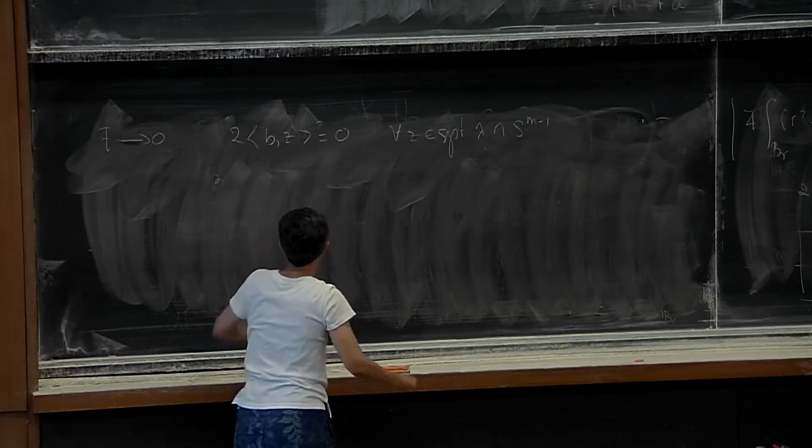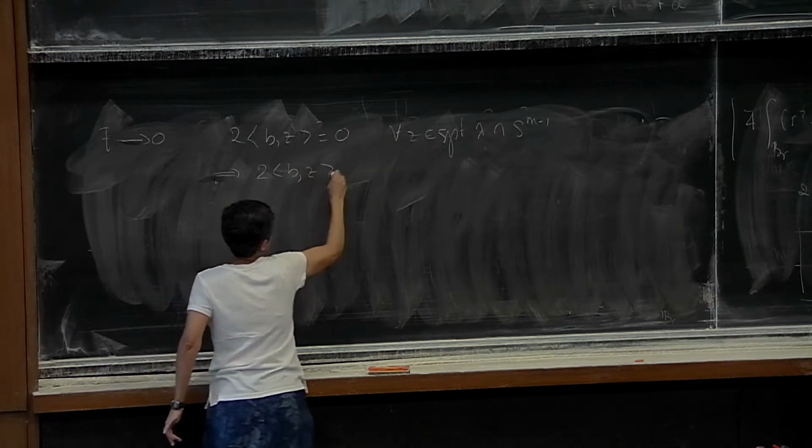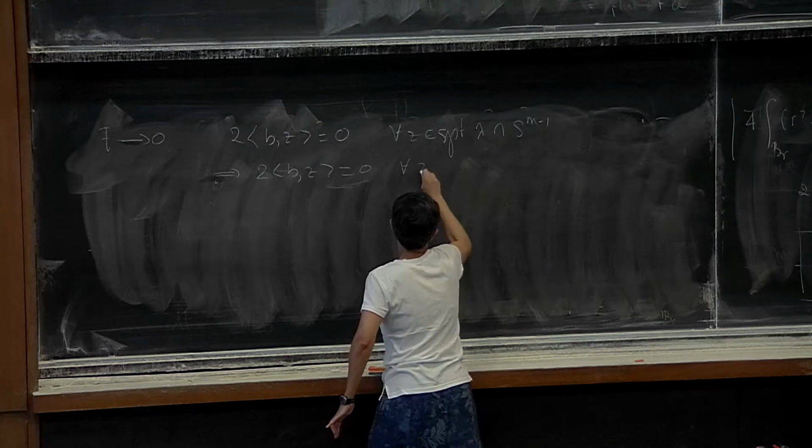But since it's a cone, this tells you that 2bz is 0 for every z in the support.